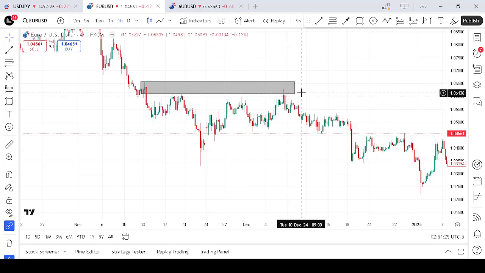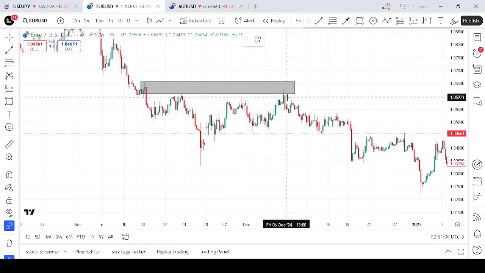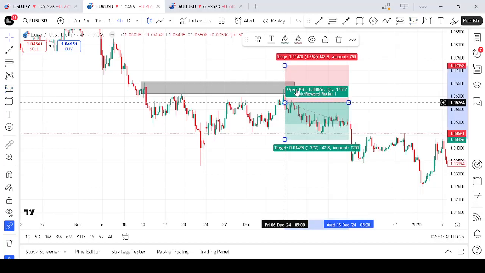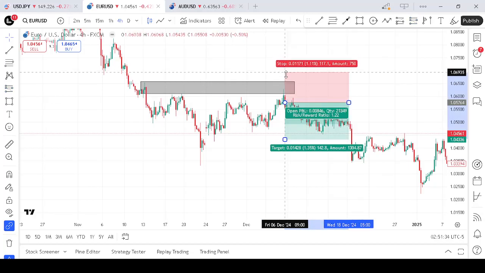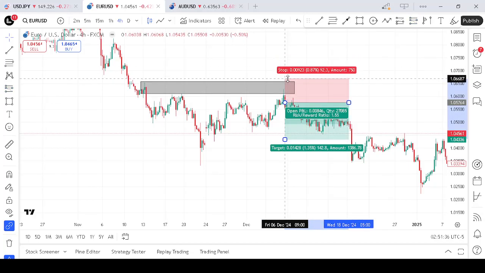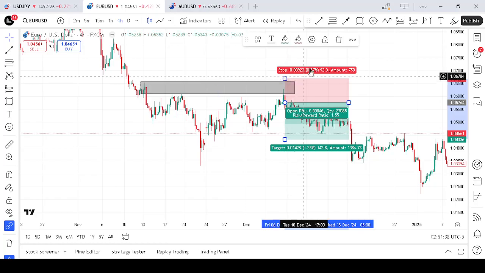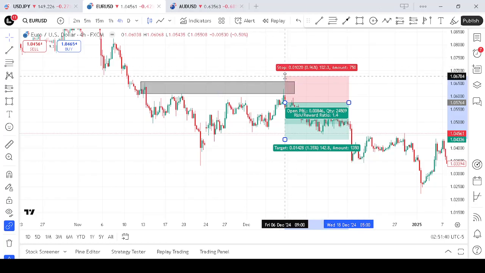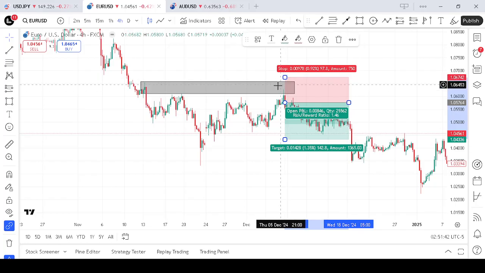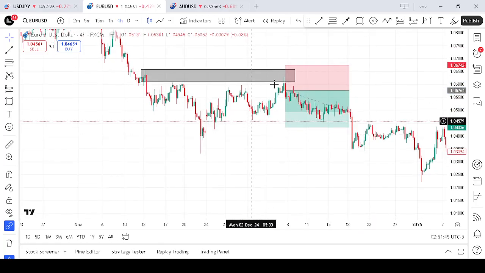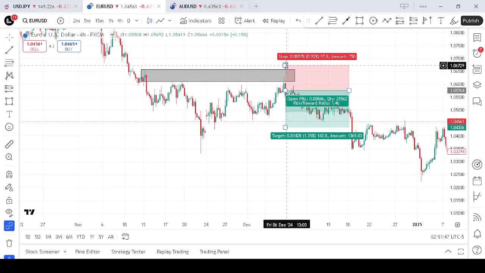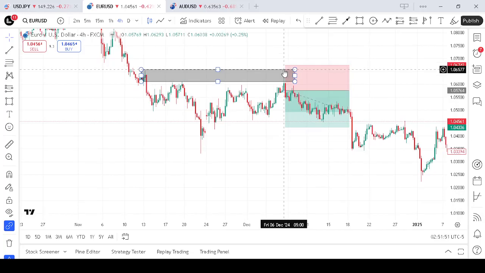Now, to take this trade, we would enter the trade, then we place our stop loss above or below the area of the unmitigated order block. In the case of a bearish unmitigated order block, we will place our stop loss slightly above it. If it is a bullish order block, we will place the stop loss below the zone.